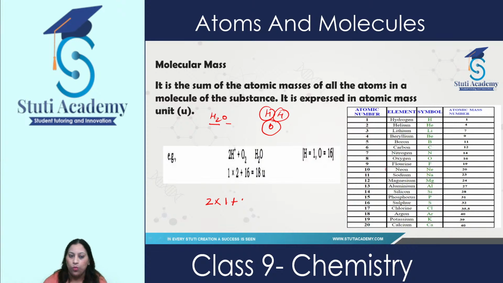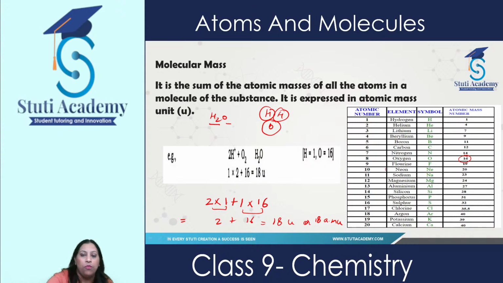So I'll write 1, plus 1 multiplied by the atomic mass of oxygen. What is the atomic mass of oxygen? It is 16. So I'll write 16 here. If I solve it, 2 plus 16 is equal to 18 U, or 18 AMU, is the molecular mass of water. So let's do a few more examples.